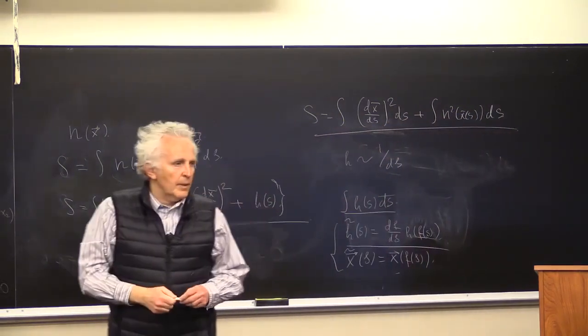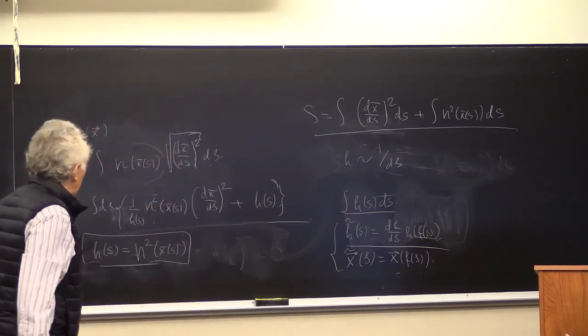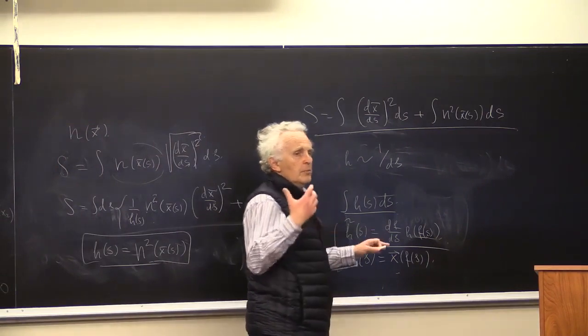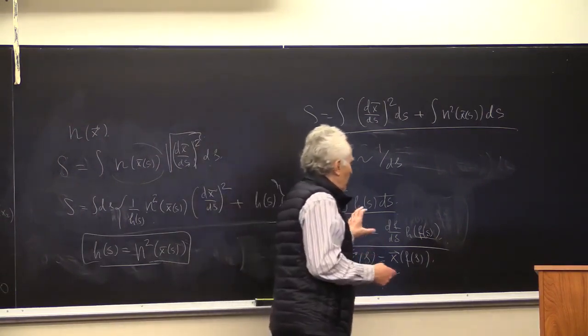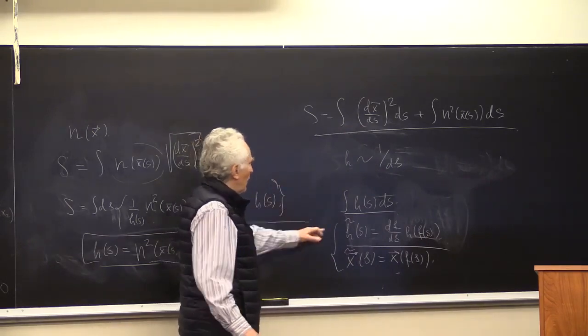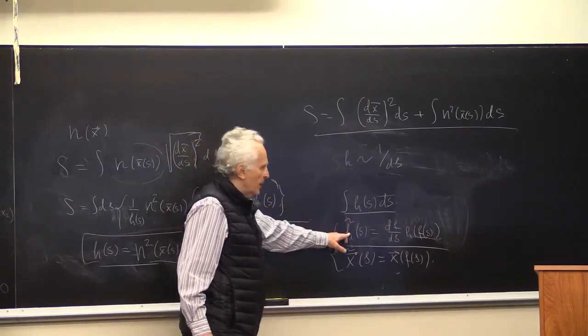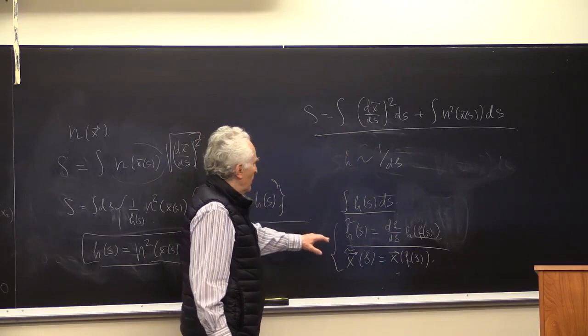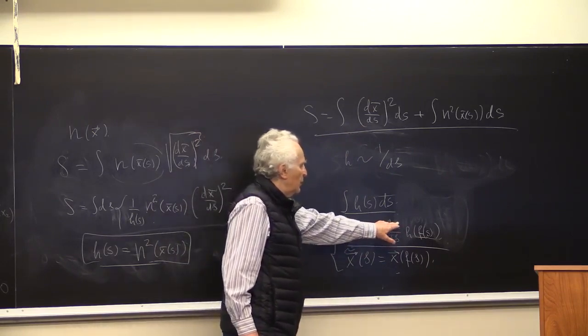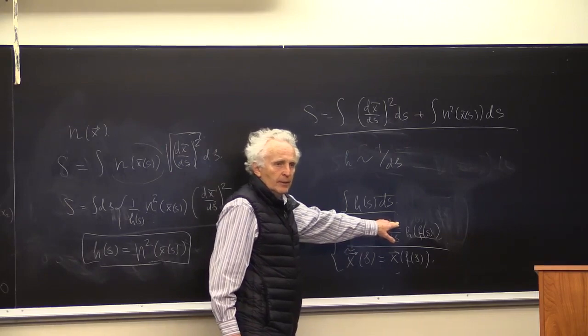Why are we allowed to choose h of s? Because you see, we can choose h of s to be any function. Once again, when we have reparameterization symmetry here, the action doesn't change when you choose any function f.